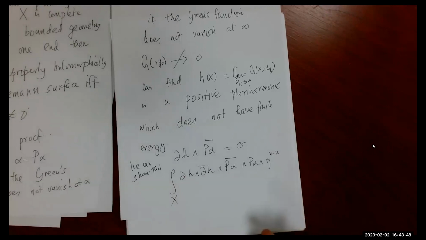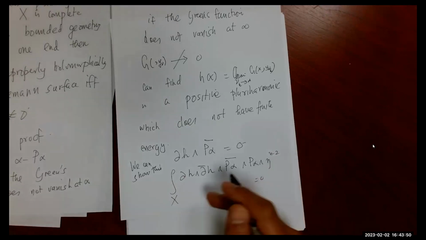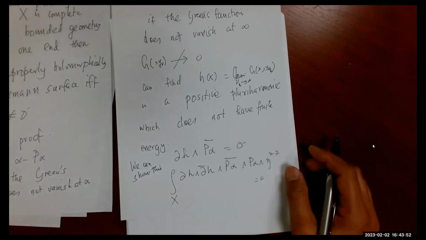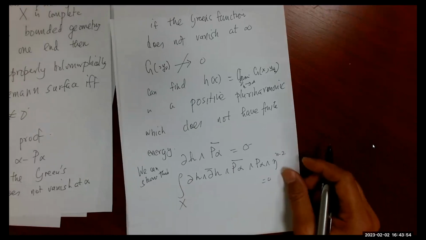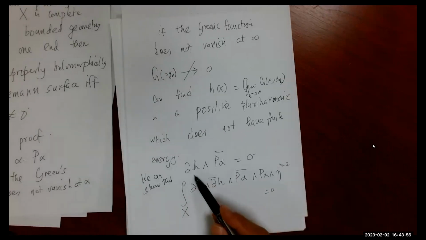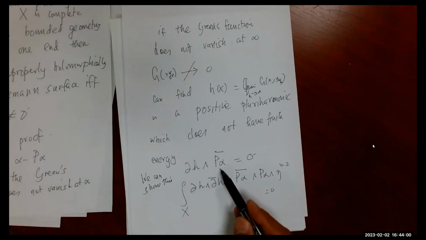You can work it out, and you can show that this would have to be 0, and from there you can read off everything. Because del h is not L2, and P alpha conjugate is L2, you have a pair of holomorphic one forms whose wedge is 0 and they're linearly independent.